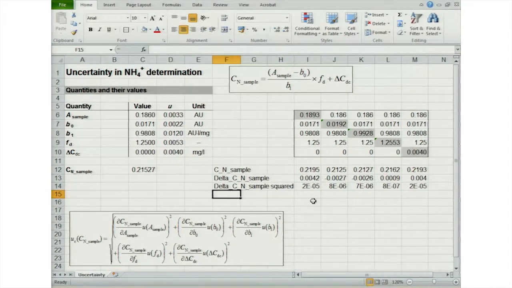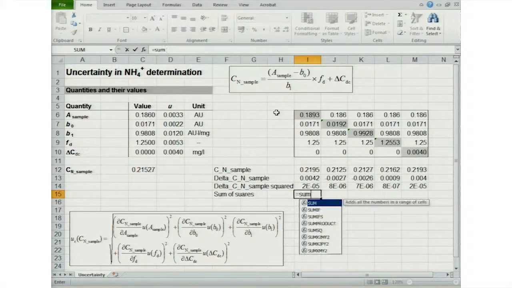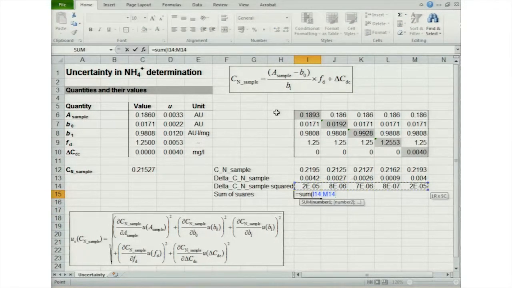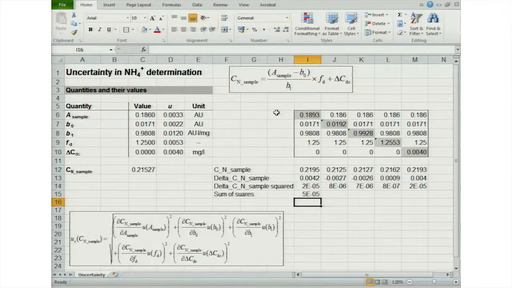And now we have to sum up all those squares. And now the square root of this value actually is our standard uncertainty.